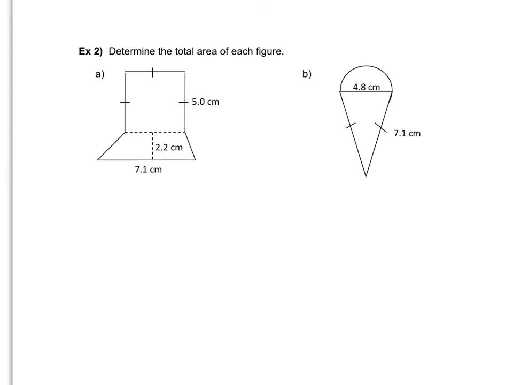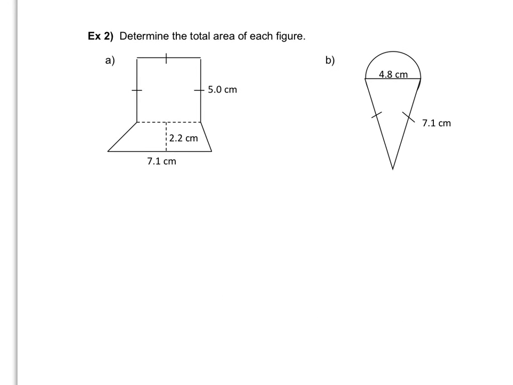All right, so I've got a couple of figures here that we're going to determine the total area of, and you'll notice I actually have divided these up for you. They won't always be divided up for you, so you'll have to think about how you can divide the shapes into common shapes that you know. So in this first diagram, I see on the top part we have this rectangle, and in fact it's a special rectangle called a square because we have this side and this side being marked as equal.